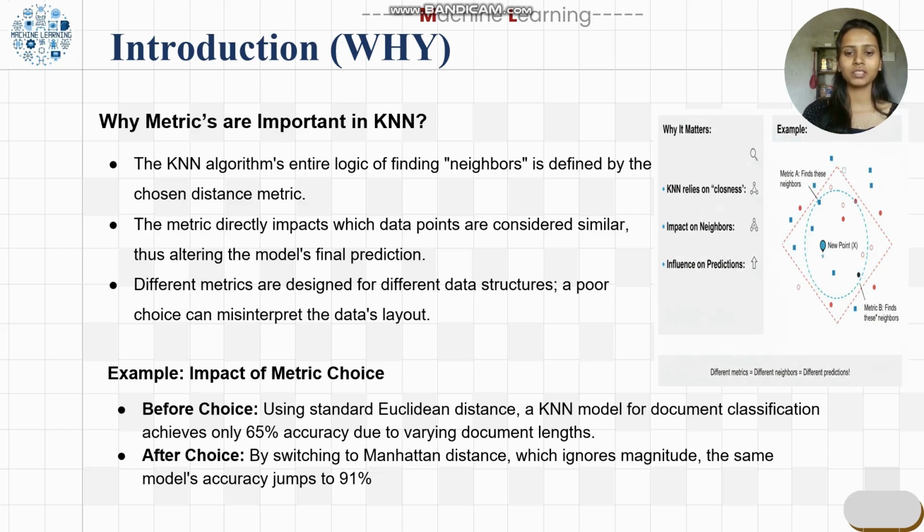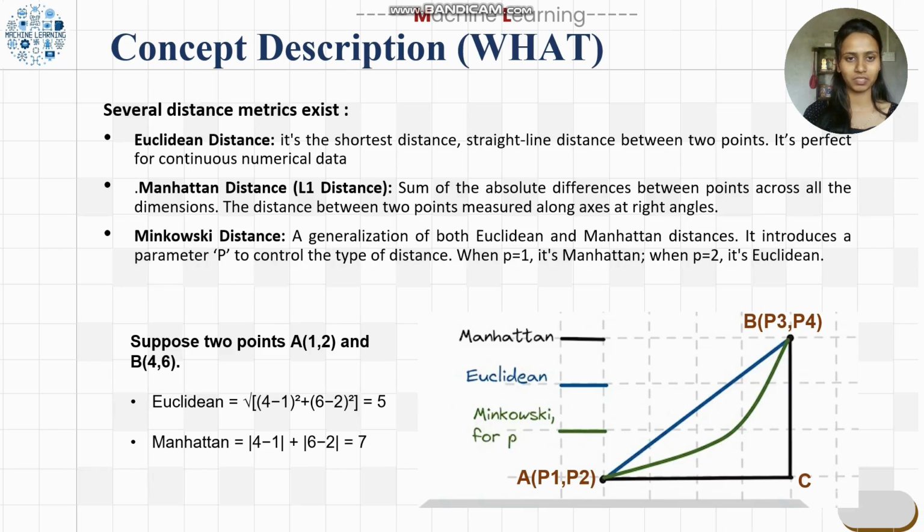So let's see what Euclidean distance and Manhattan distance actually are. These are the types of distance matrices: Euclidean distance, Manhattan distance, and Minkowski distance. Euclidean distance is the most used distance matrix. It measures the straight line distance between 2 points.